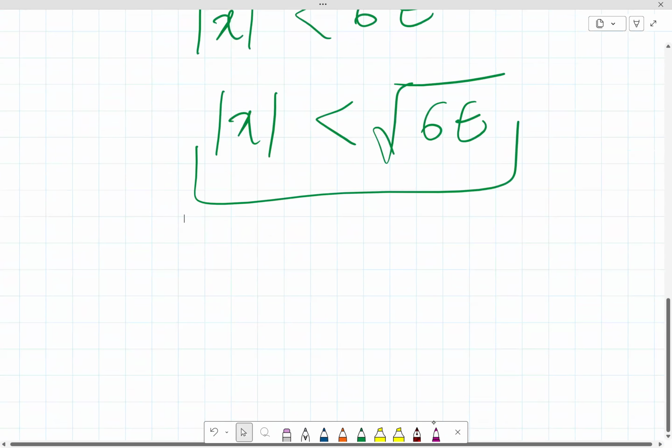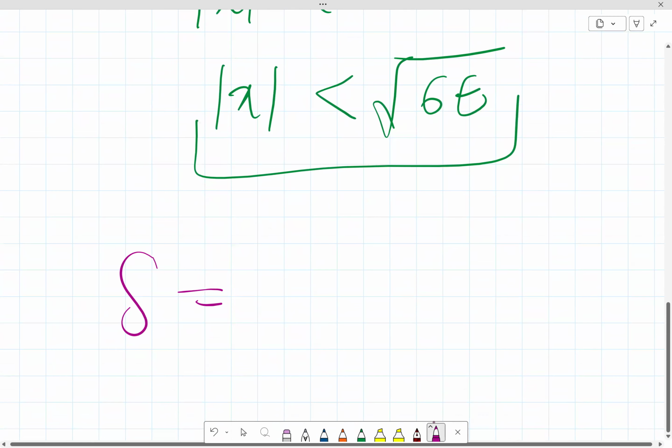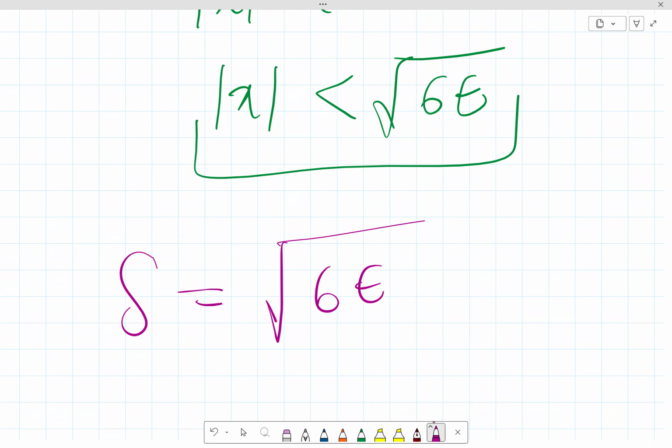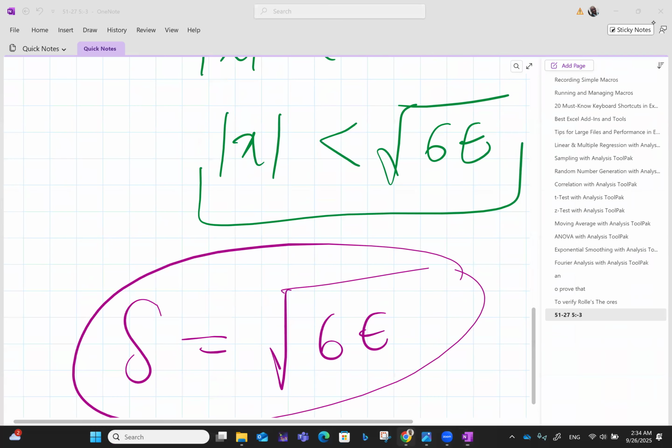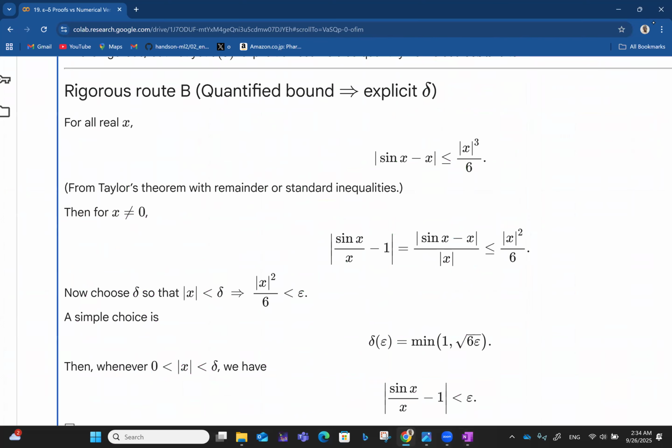So, since absolute value of x is less than delta, we are simply saying that delta should be something like square root of 6 epsilon. That is what the expression gives us.